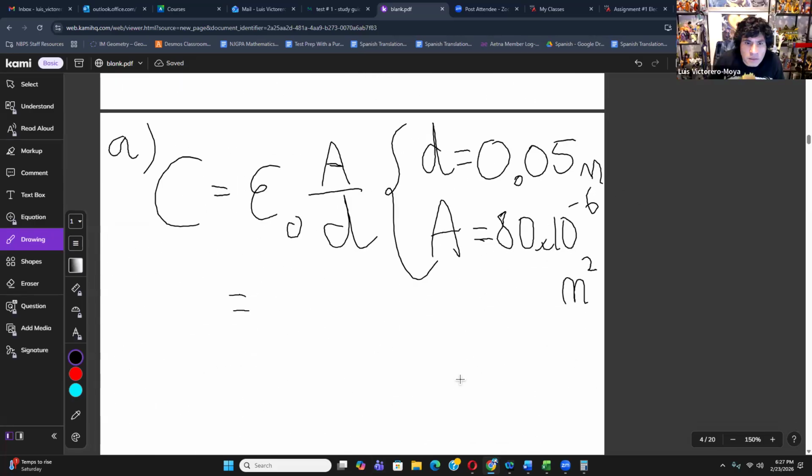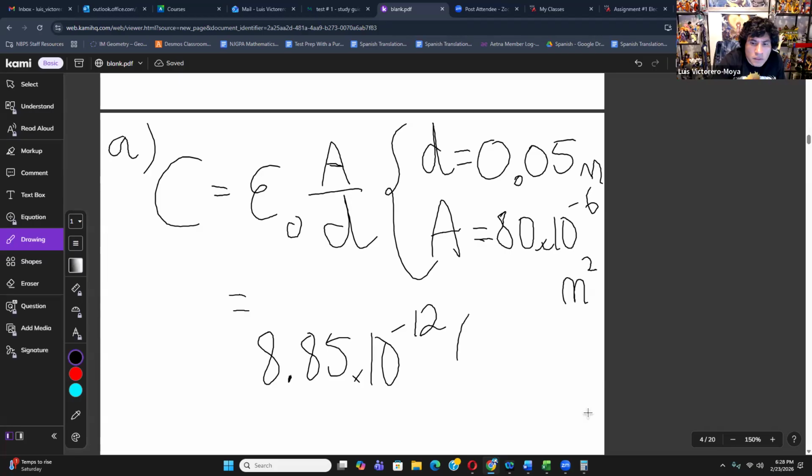So in your notes, you have this constant in vacuum, area, it's very small, over distance.